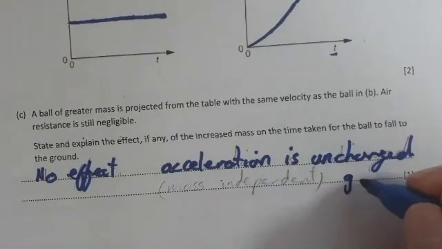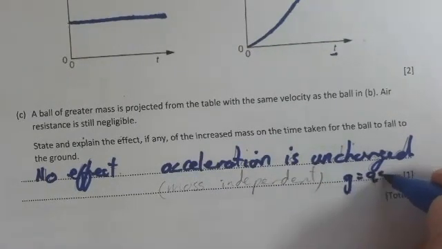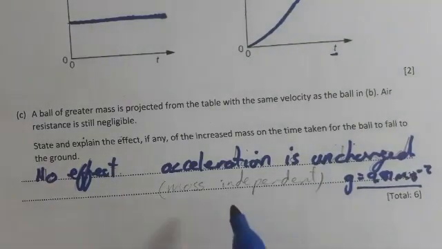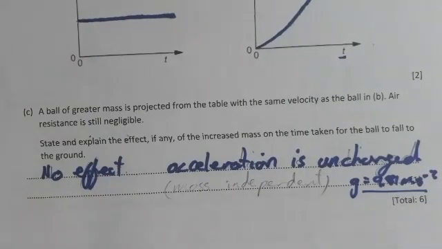Remember, we're working with g as 9.81 meters per second squared. It's mass independent. Think of your equations of motion. Nowhere would you take mass into consideration to calculate the time. It is your velocity and its acceleration that you take.